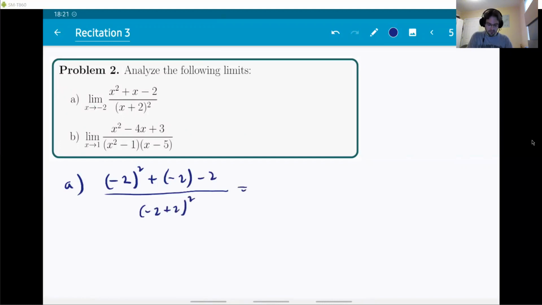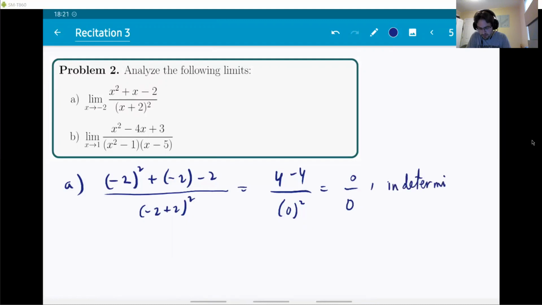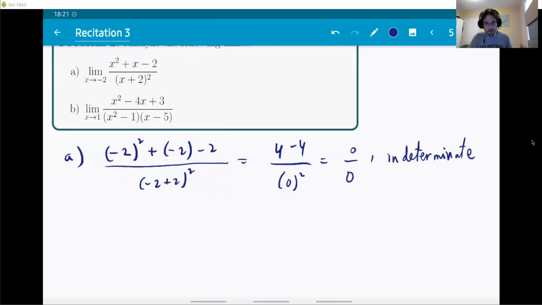But you see that what happens upstairs will also be a 0. This is actually a limit of 0 over 0, an indeterminate form. That means it could be anything. We don't even know so far if it's actually going to be an infinite limit. What we have to do to understand is simplify.